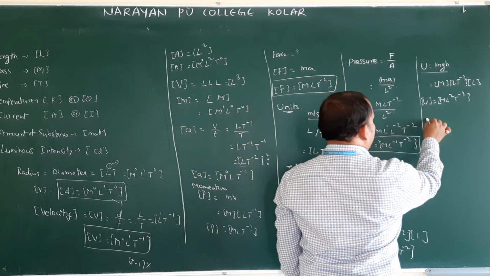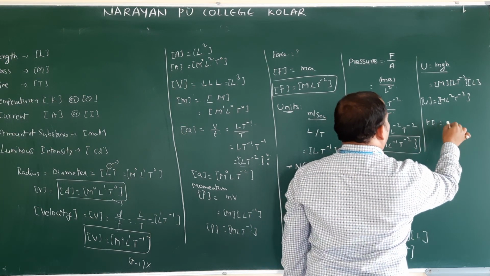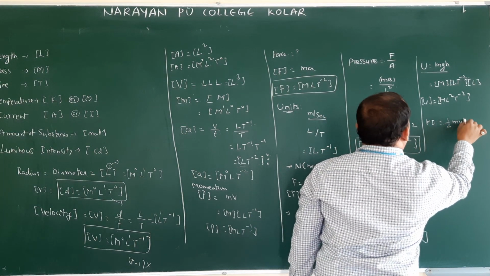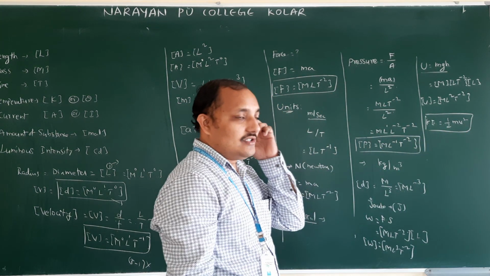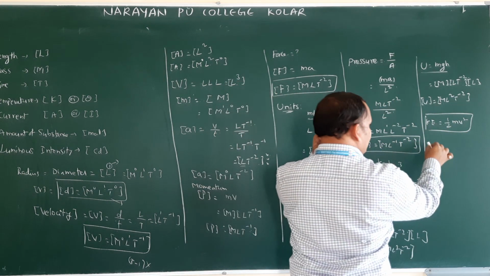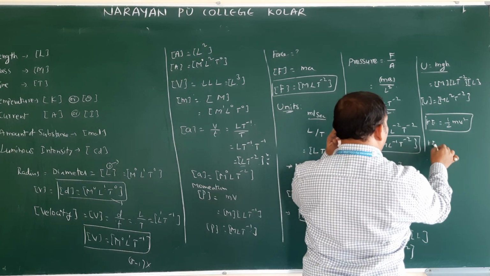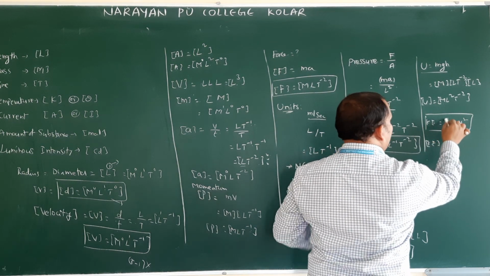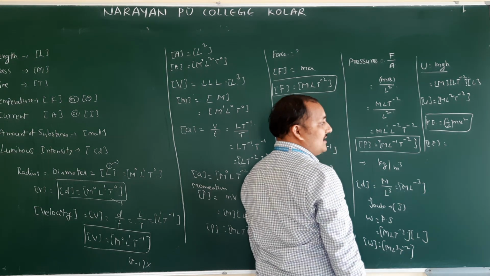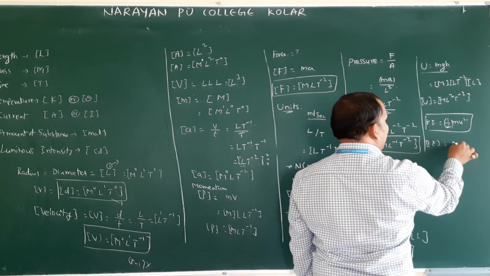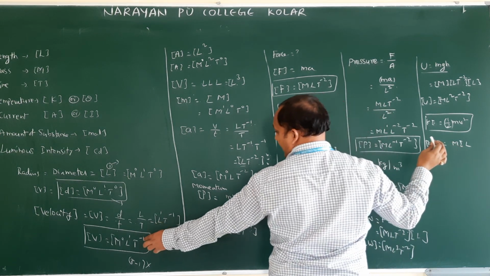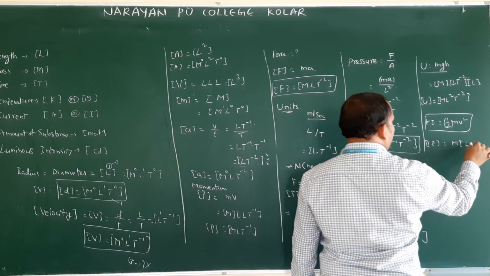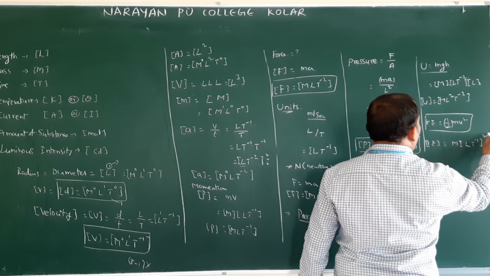Next, kinetic energy. The kinetic energy formula you came to know is half m v square. For this, what is the dimension formula? For kinetic energy, the half, 1 by 2, is a constant, we won't write it. Mass means capital M. Velocity dimension formula is L T power minus 1, whole square.